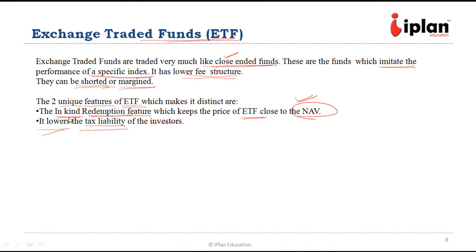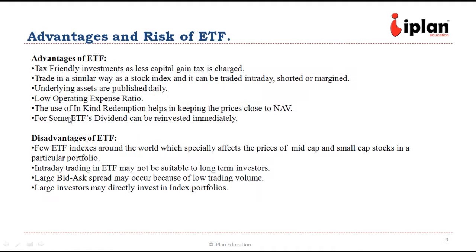Now let us look at the advantages and risks associated in detail for ETFs. An important advantage of ETFs is that they are tax friendly investments because the capital gain tax is less. Another important advantage is that they are traded in a similar way as a stock index, and they can be traded intraday, shorted or margined.